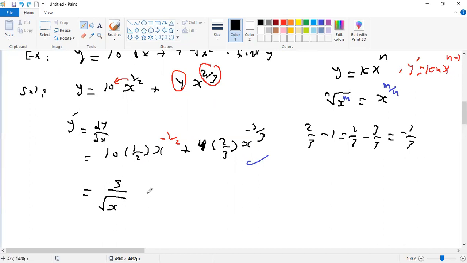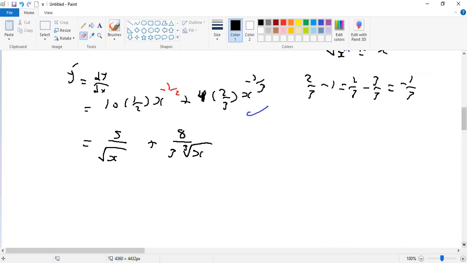Plus 4 times 2 is 8 over 3, and x to the negative 1 over 3 goes to the denominator, positive, which is the cubic root of x. The 1 we don't need to write. So then this is the derivative.